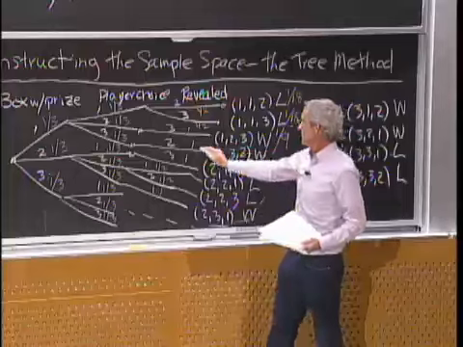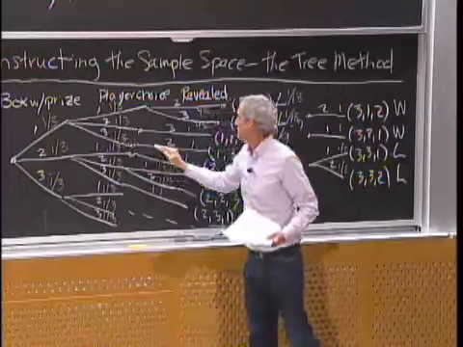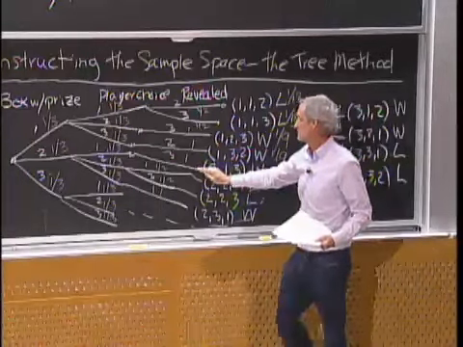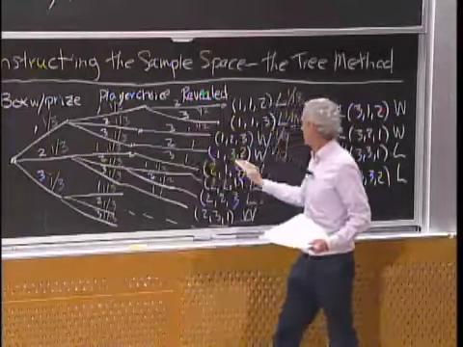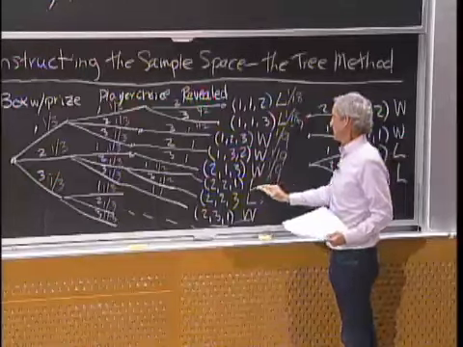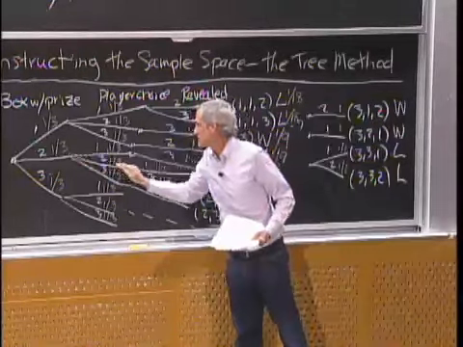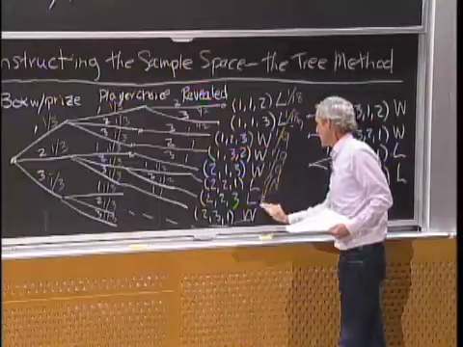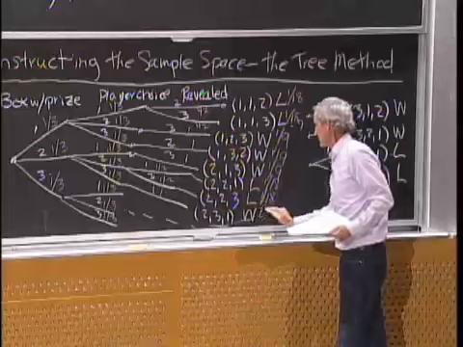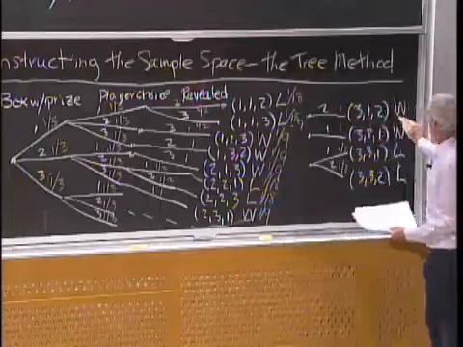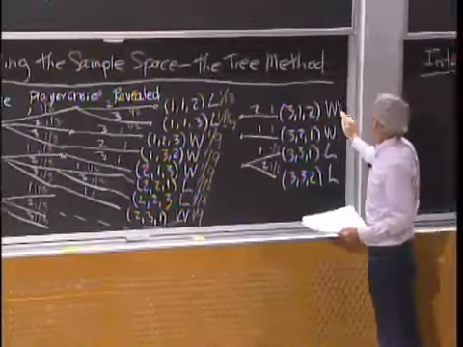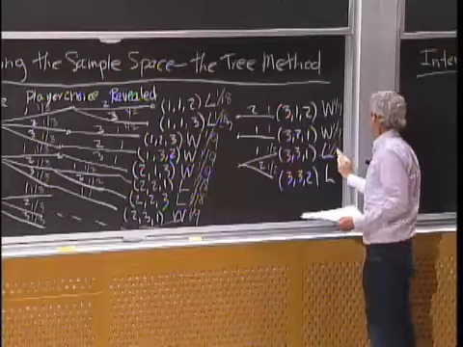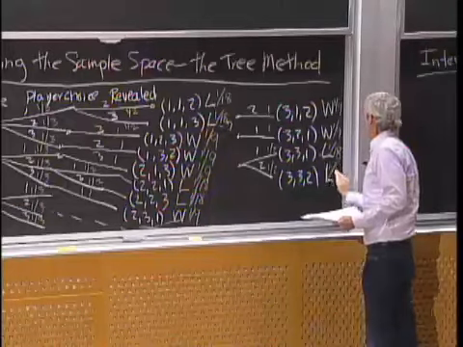The next one here is 1/3 times 1/3 times 1, 1/9. Same thing here. 1/3 times 1/3 times 1 is 1/9. Then I get 1/3 times 1/3 times 1/2 for 1/18. And I can keep on going. This will be 1/9. This one is a 1, so it's 1/9. 1/9, 1/18, and 1/18.